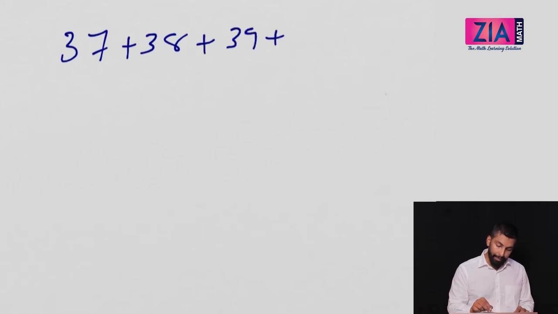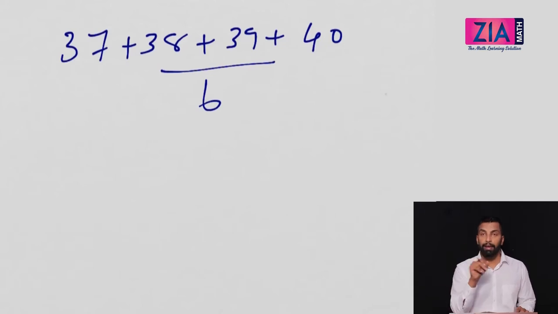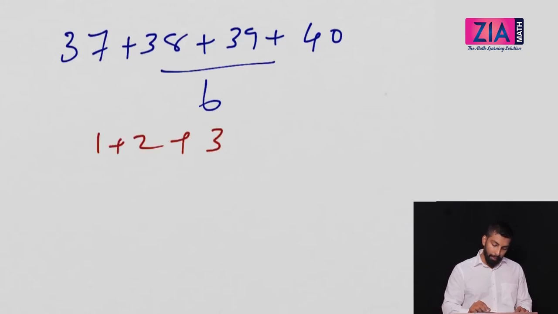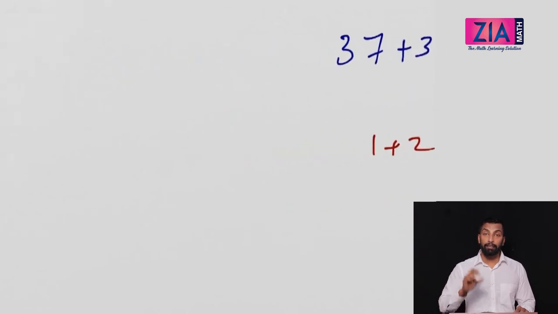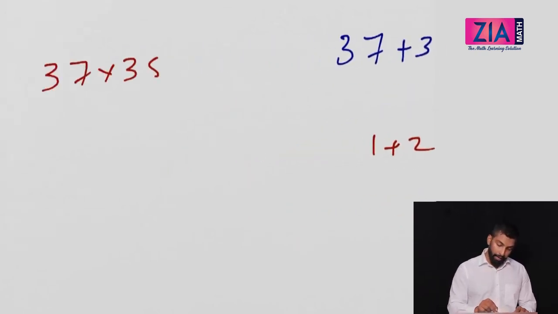For example, if you have 37 plus 38 plus 39 plus 40 divided by 6. If you observe the numerator, it is written as a sum of 4 numbers. So you can write it as 1 plus 2 plus 3 plus 4, that is nothing but 10, right? Which is greater than the divisor, so you divide it again, and you get 4. Now what if it is given as a product? You will write it as 37 into 38 into 39 into 40 divided by 6.